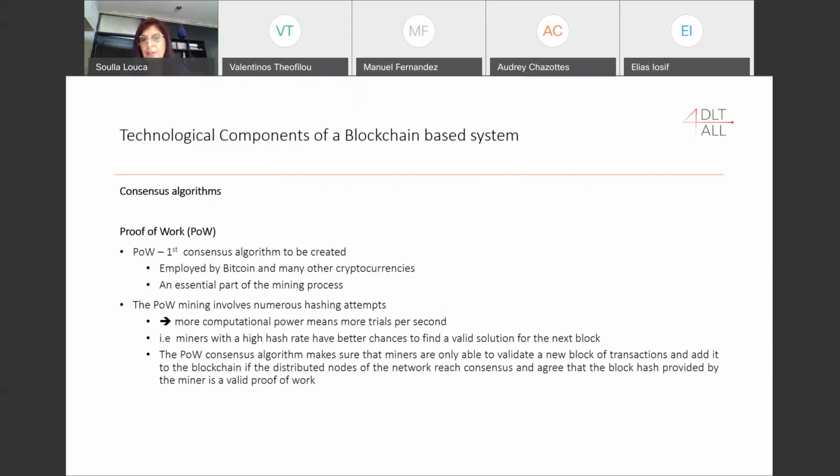In other words, miners that may hash a large number of hashes per unit time. The proof of work algorithm makes sure that miners are the only ones able to validate a new block of transactions. And once that block of transactions is validated, they add it to the whole blockchain, and the network grows bigger.